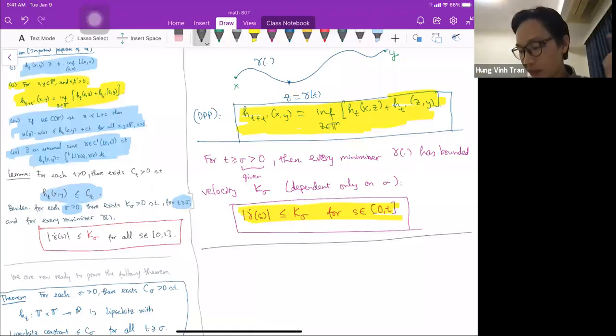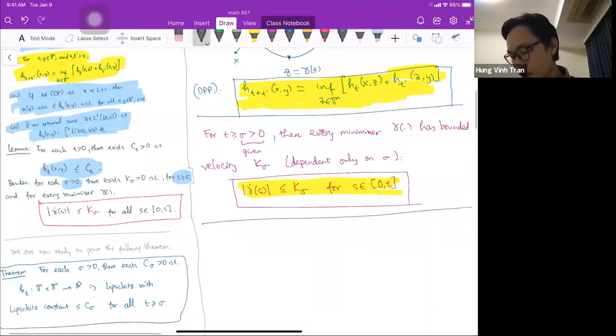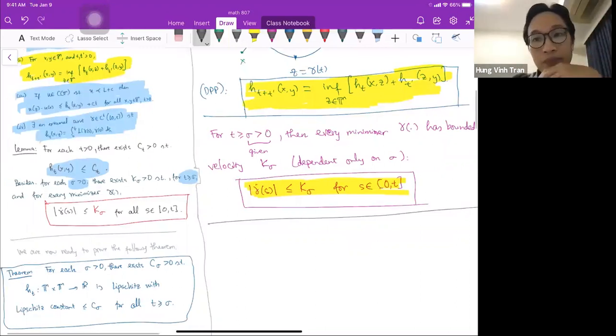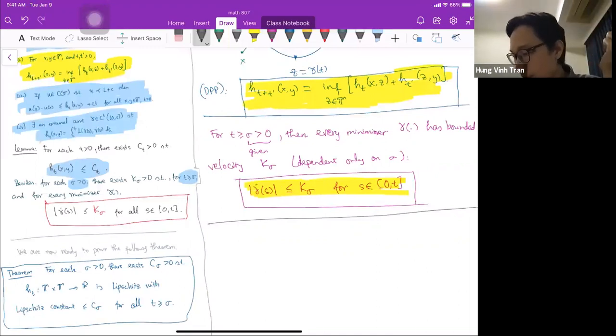It's going from the classical aspect to more of a modern aspect.